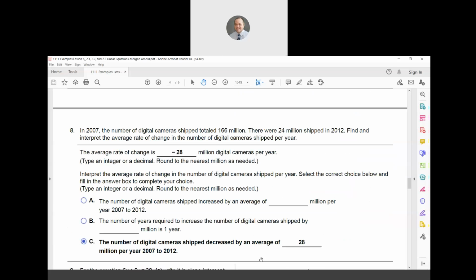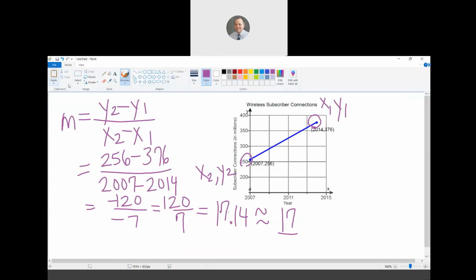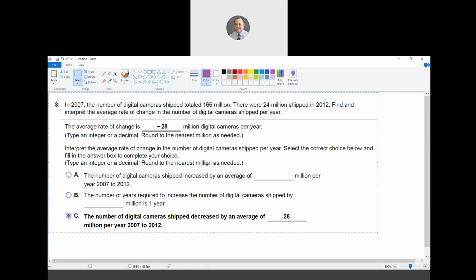All right, let's look at this next word problem. And I'm going to copy and paste it on our whiteboard. All right, in 2007, the number of digital cameras shipped totaled 166 million.